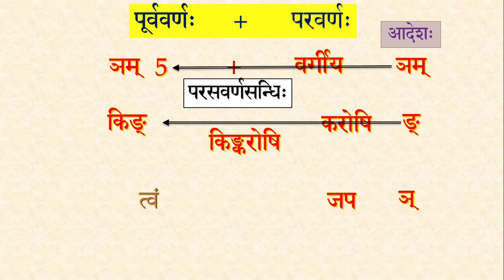So, when we combine all of this, that is Tvam plus Japa, Anuswara disappears, Ñ enters, and our combined word becomes Tvanjapaha. Tvam plus Japaha becomes Tvanjapaha.